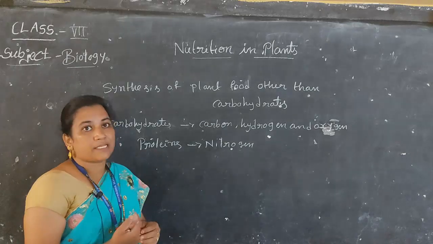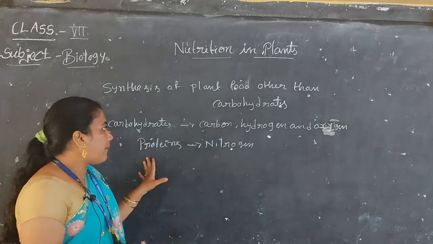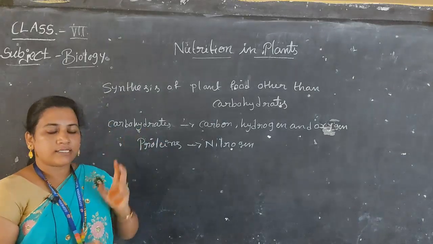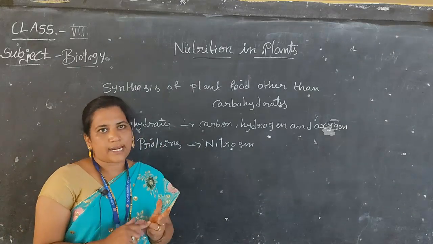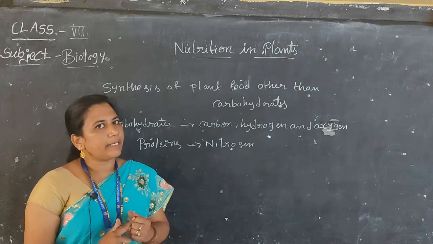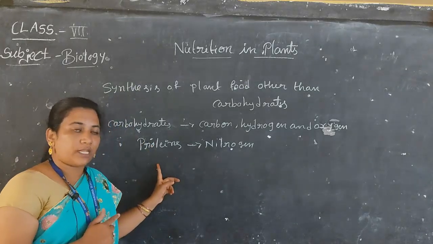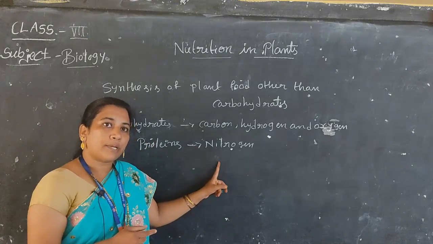Most proteins are present in pulses and peanuts. Here, for carbohydrates, what are the essential components we discussed? Carbon dioxide, sunlight, chlorophyll, water and minerals. But what about protein? For the synthesis of proteins, nitrogen is a very important component.